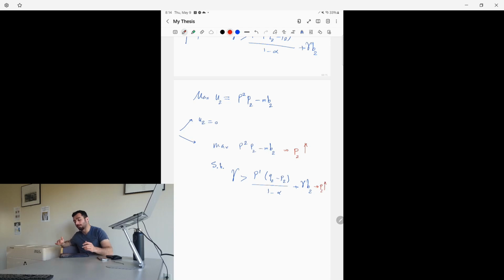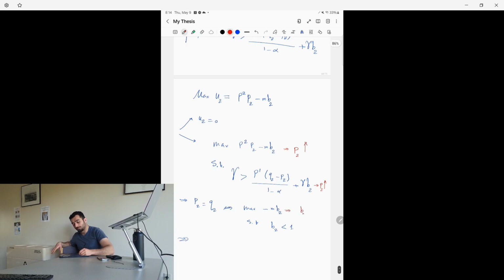So what is limiting P2 is P2 being Q2. And then we have max minus MB2 subject to B2 less than 1. Guess what? B2 will be 0, because this one wants B2 to be low, this one wants B2 to be high, also low, B2 is 0.